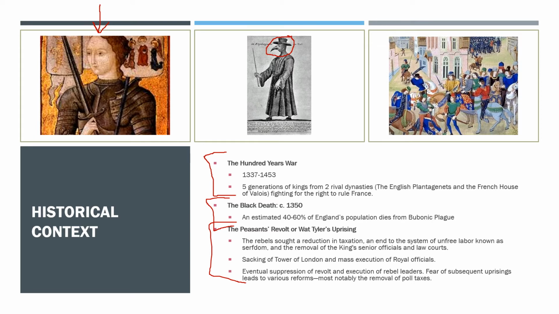There's a huge labor shortage, and those people who work the fields and grow the crops and do all of the manual labor are stretched really thin, and they're working really hard, and on top of that they're being taxed at an exorbitant amount, and this causes a series of uprisings and revolts and protests, which are known as the Peasants' Revolt, or Wat Tyler's Uprising, which I pointed an arrow right there, so that little picture you can look at.